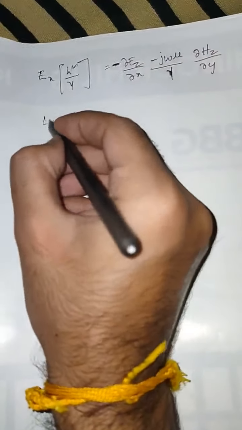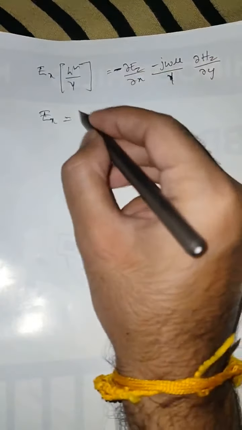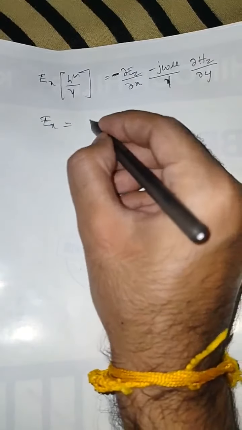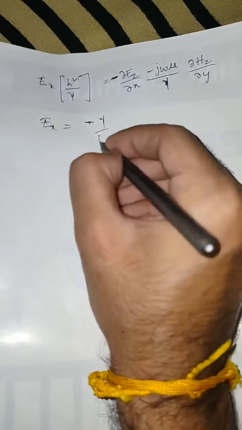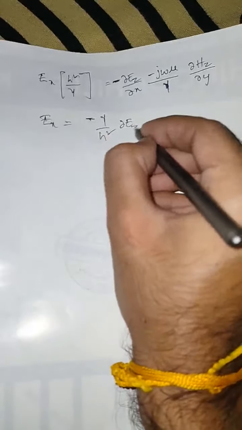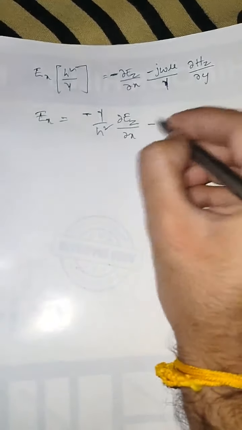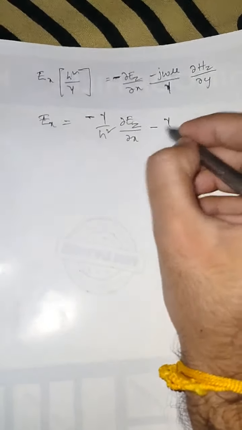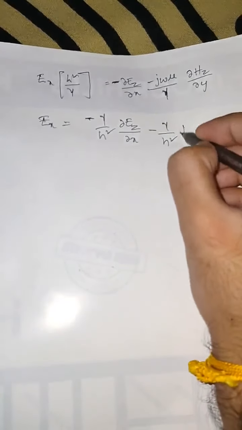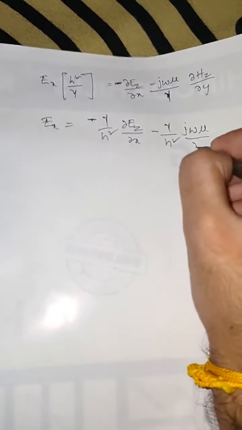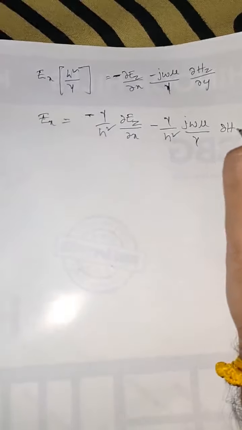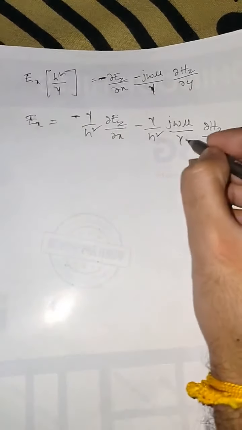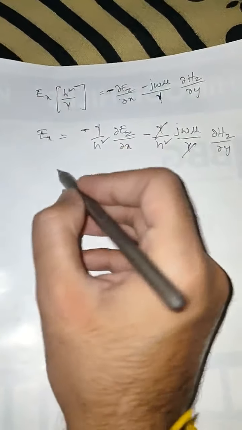So ex is equal to, multiply this term, so minus gamma by h square dou Ez by dou x minus gamma by h square j omega mu by gamma dou hz by dou y. So here gamma gets cancelled.